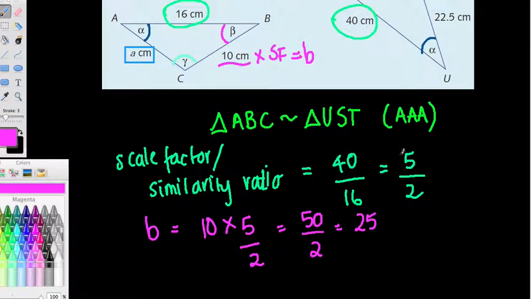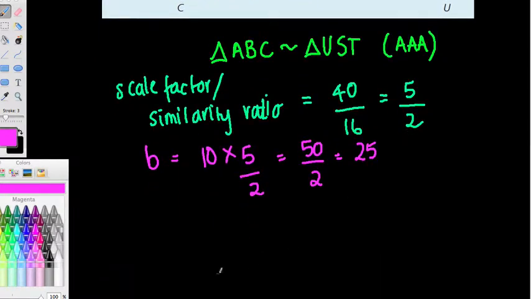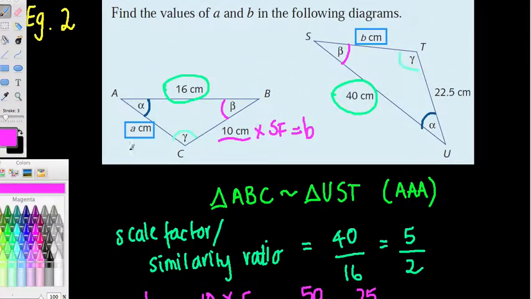Okay, finally, let's find A now. A is a little bit different because A is in the smaller triangle, not in the larger one. So what corresponds here? Well, obviously it's going to be this side here, isn't it?